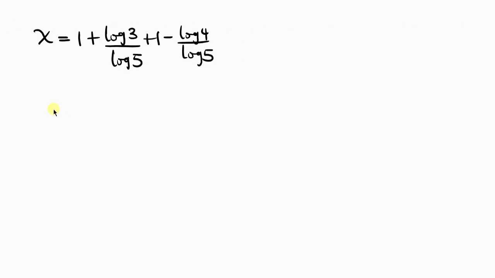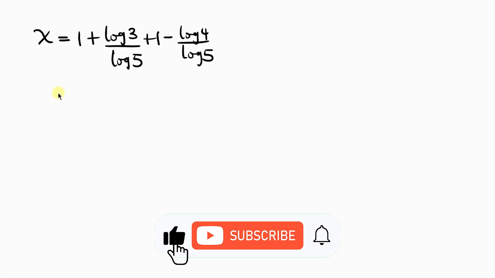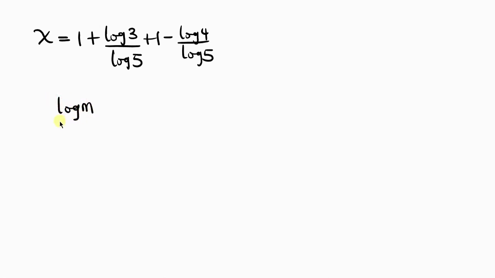And lastly, we're going to be applying the law of logarithm, which says when I have the log of m all over the log of n, this is the same as log m base n. We apply this law to what we have here and here.